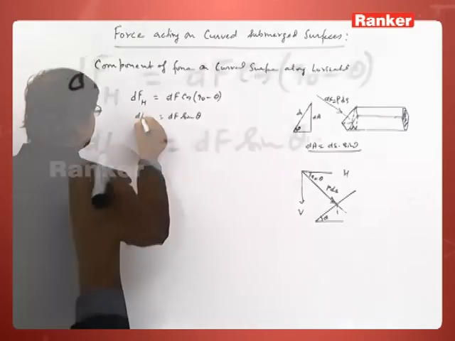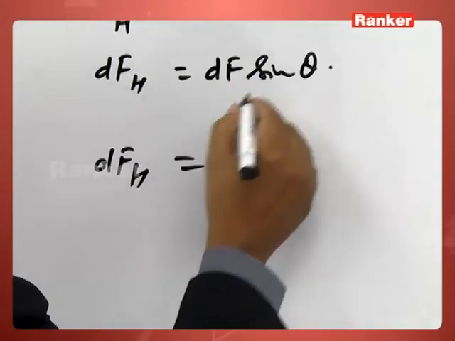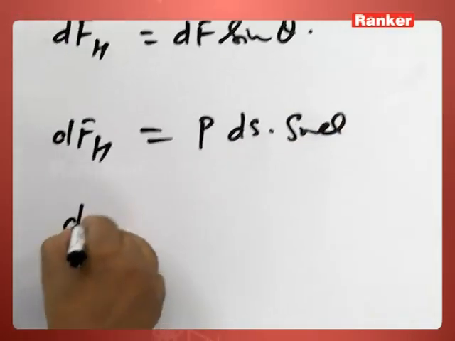So dF along horizontal is equal to P ds into sin theta.